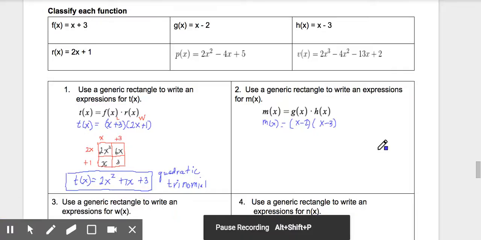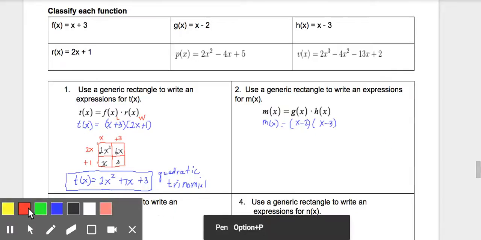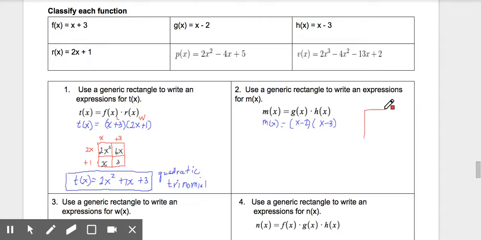So I can draw my rectangle here. The length is x minus 2. And the width is x minus 3.